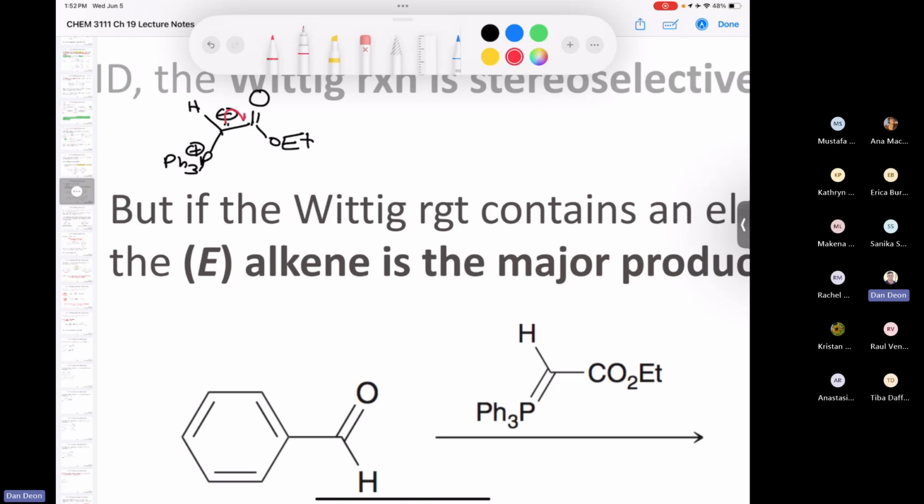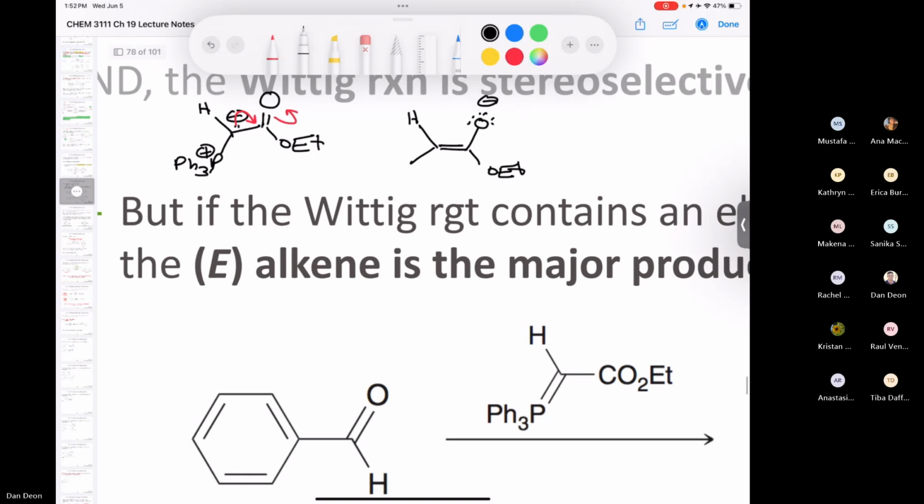And we can draw a curved arrow like this, where we delocalize the negative charge. So we'd end up with a double bond here. All right, something like that.